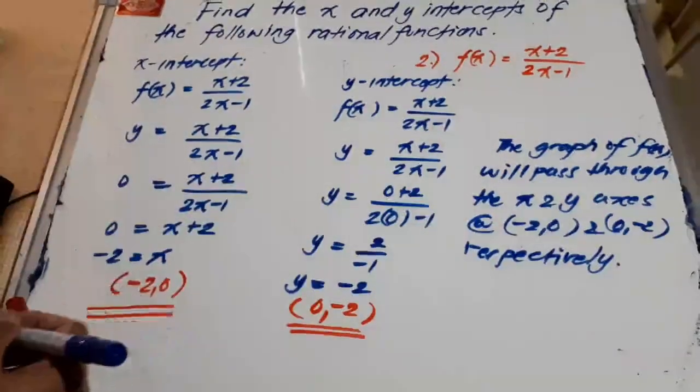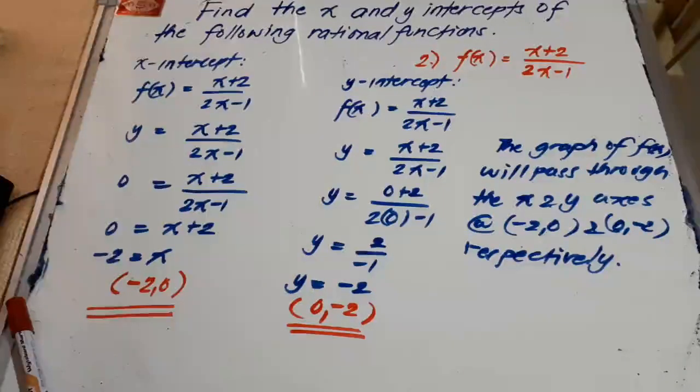Yan. Tatama yung graph ng ating function dun sa x and y axis sa (-2, 0) and (0, -2). Okay? So that is how you can determine the x and y intercepts of the rational functions.